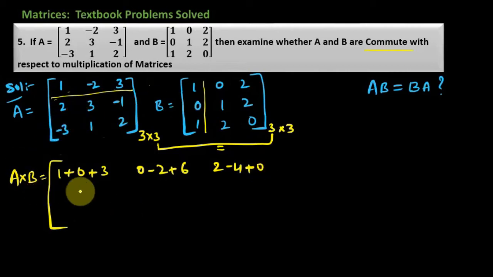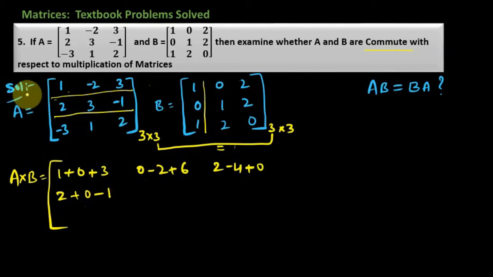Similarly, to get the second row elements you should fix this second row and multiply with each column's elements. So 2 into 1 is 2, then 3 into 0 is plus 0, then minus 1 into 1 is minus 1.